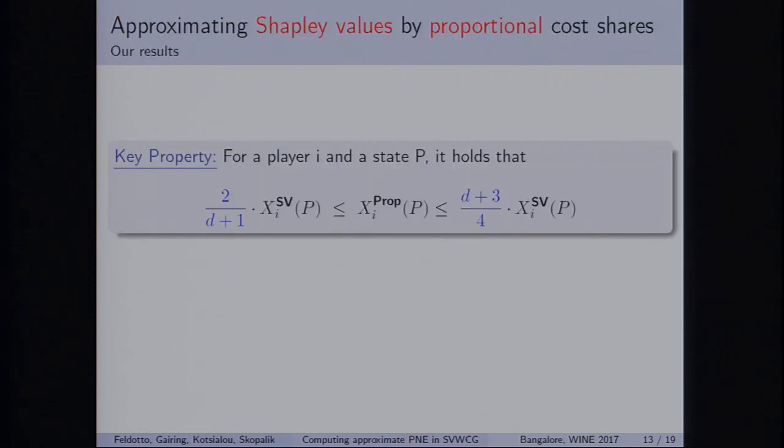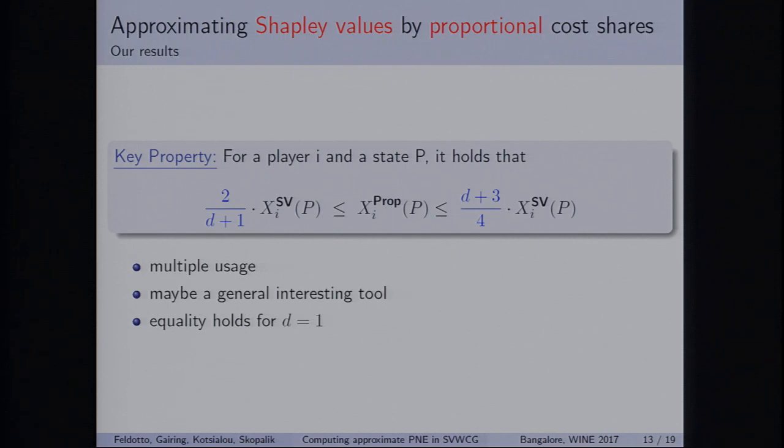One of the main key properties that we prove is this inequality, where we approximate the cost, the Shapley value of a player, by his corresponding proportional share, and vice versa.